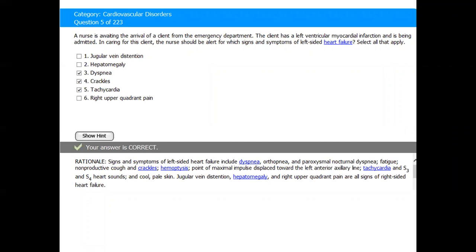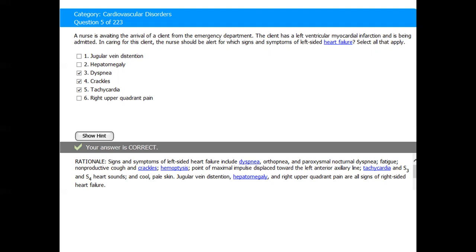What is their rationale? The signs and symptoms of left side heart failure include dyspnea, orthopnea, or paroxysmal nocturnal dyspnea. Dyspnea means shortness of breath.